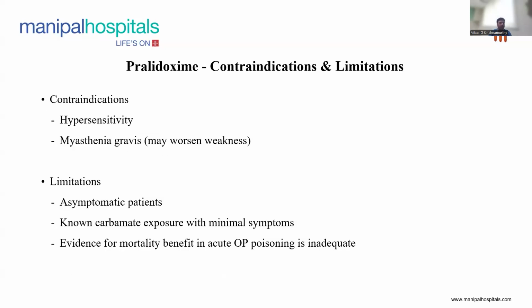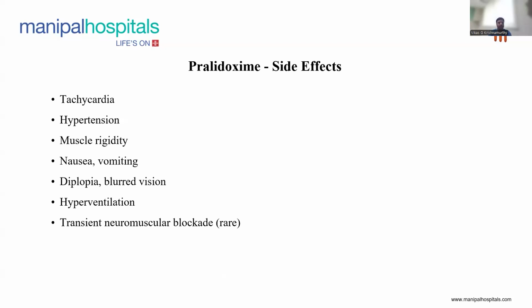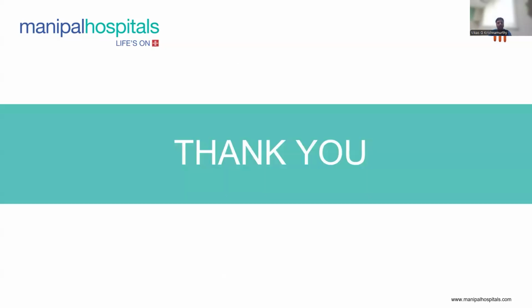The contraindications are hypersensitivity and also myasthenia gravis, as it may worsen weakness. Limitations are asymptomatic patients and known carbamate exposure with minimal symptoms. Evidence of mortality benefit in acute OP poisoning is inadequate. Side effects are tachycardia, hypertension, muscle rigidity, nausea, vomiting, diplopia, and blurred vision.